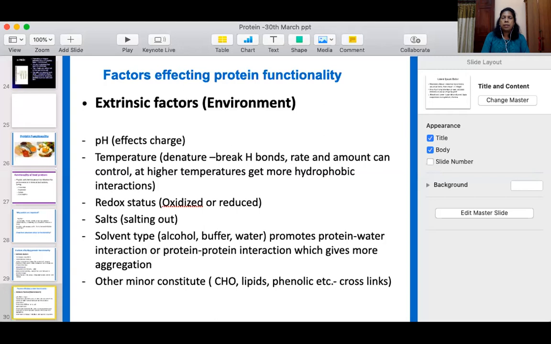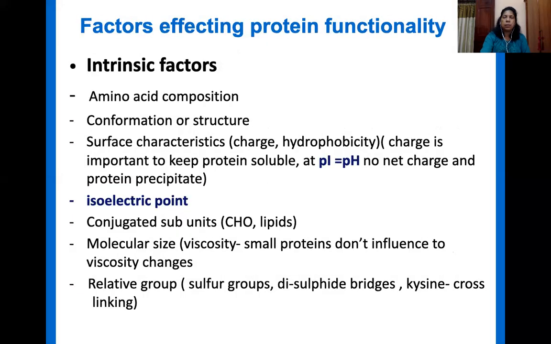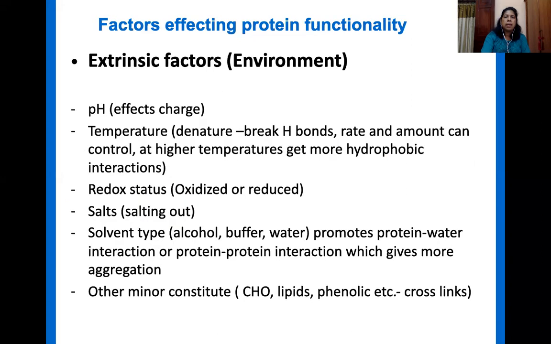Now, thinking about these two things, there are 7 intrinsic factors and 6 extrinsic factors. Altogether there are 13 factors that can change the functionality of the protein.